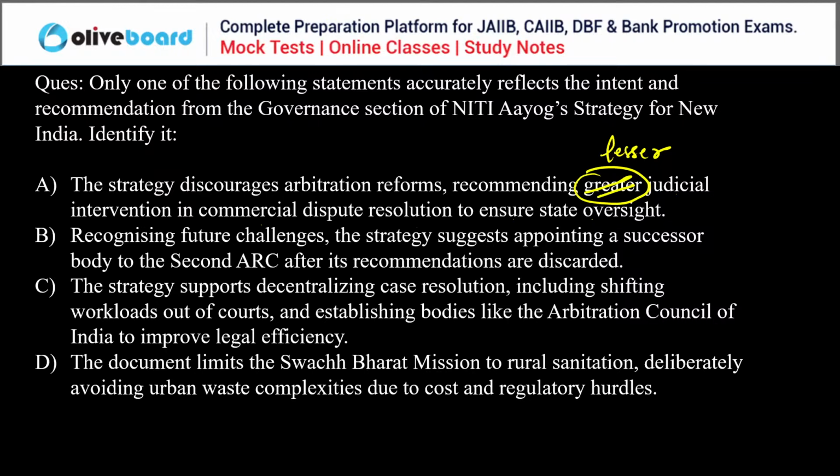So if you are saying that first you have to appoint a successor to the second ARC, that is wrong. The first suggestion is you have to implement the second ARC's recommendations. First implement the recommendations and then appoint a successor to address new era reform. So B is completely wrong.